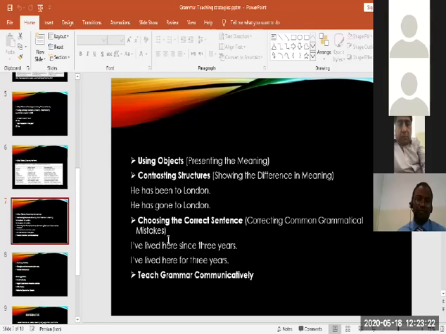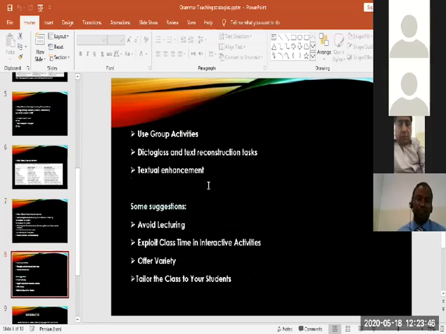And the next one is teaching grammar communicatively. We should all the time encourage students to use language in meaningful communication. This is the main goal of language learning and grammar learning specifically, to be able to use it in communication and discussion. So we have other strategies like using group activities like role playing or discussions.